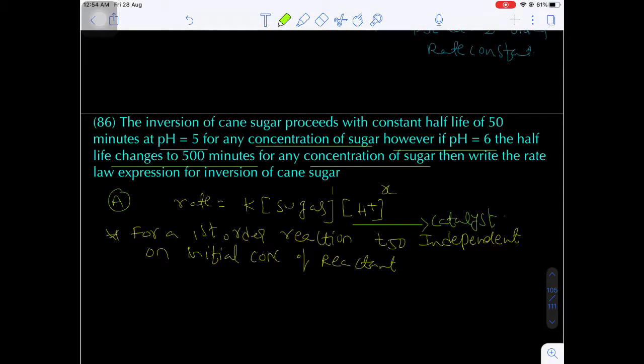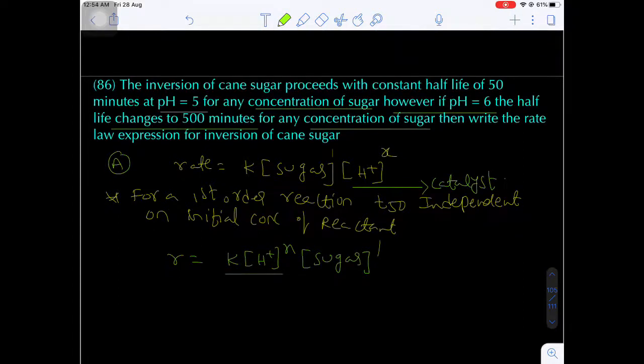Okay. Now here I am taking the rate expression R equal to K into H plus ion concentration to the power x into sugar concentration to the power 1. Now K is a constant and the H plus ion concentration, that is the catalyst concentration, will be constant. So that's why I am taking a new constant, K dash, into the concentration of the sugar.